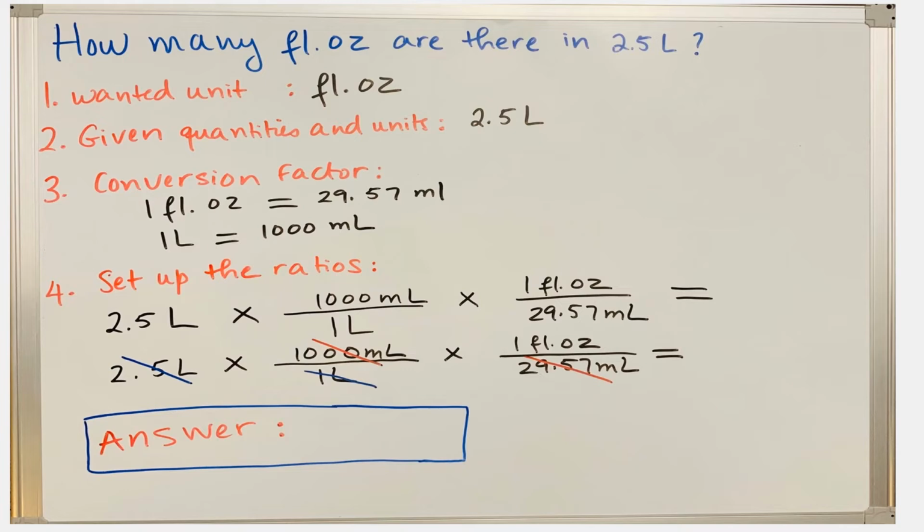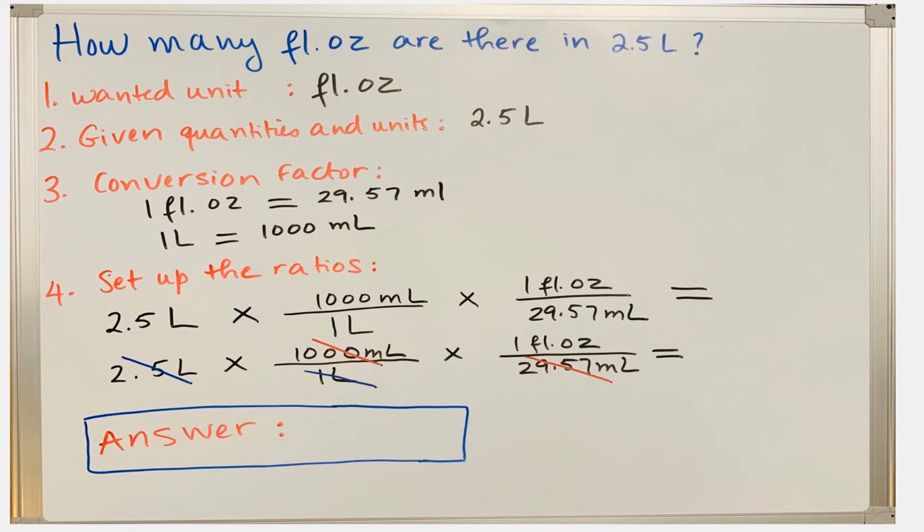Now, is that the only conversion factor that we need? The answer is no. We also need the conversion factor that says 1 liter equal to 1,000 milliliters. And why do we need that? Because one of the given quantities in the problem is 2.5 liters. The first conversion factor, 1 fluid ounce equal to 29.57 milliliters.